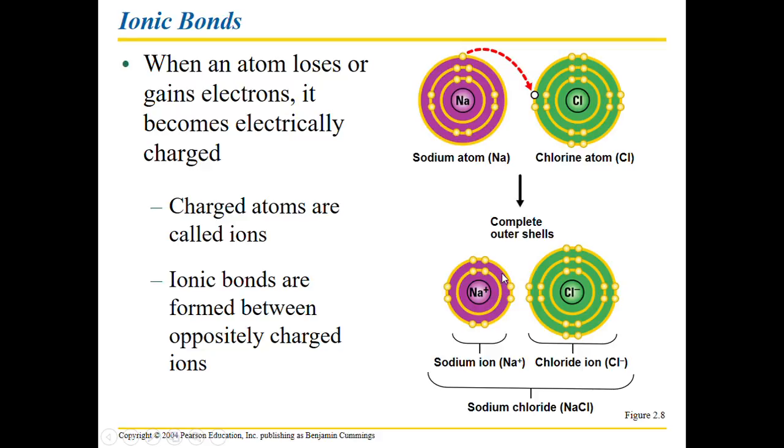I'm just kidding. But anyways, and chlorine became more negative because it gained an electron from the sodium. So you added a negative, became more negative. You lost a negative, became more positive. So the positive is now attracted to that negative, and we get this ionic bond. We have sodium chloride, NaCl.